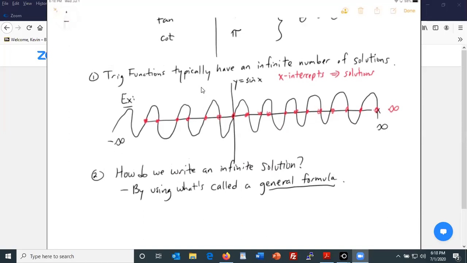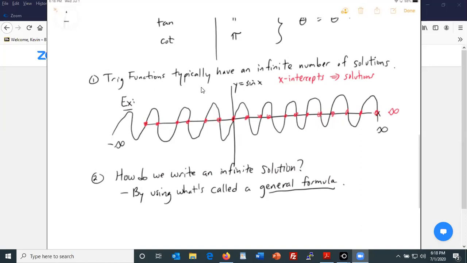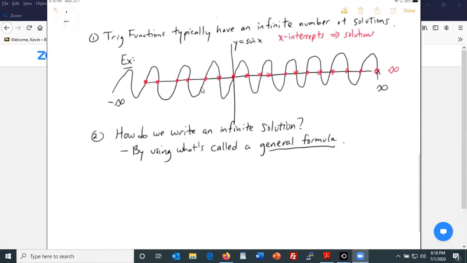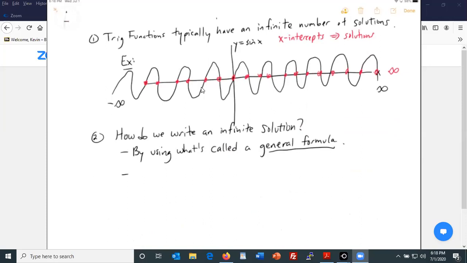And we just wrote down the general formulas right up here next to the table, all right, with the k values, okay? So we use, all right, these are expressions that include the period and a whole number k.